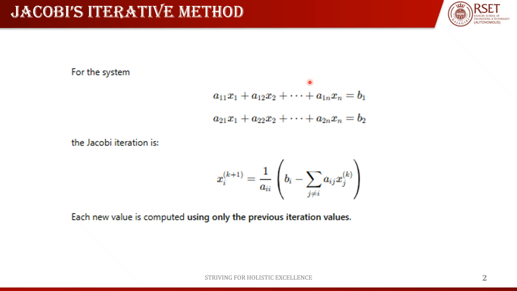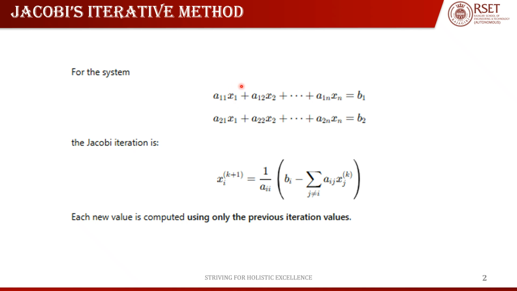Suppose you're given a system of equations a11 x1 plus a12 x2 plus etc. a1n xn equal to b1, and similarly a21 x1 plus a22 x2 plus etc. a2n xn equal to b2. Then for the Jacobi's iteration, in the first equation we'll keep a11 x1 on this side and take all the other terms to the RHS, and then divide by a11.